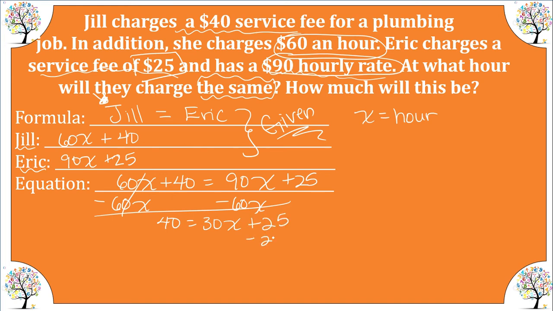We're going to subtract 25, and this is going to give us 15 equals 30X. We're going to divide by 30. And we can see that we have a fraction, so X is equal to 1/2. So at 1/2 hour, they're going to charge the same.